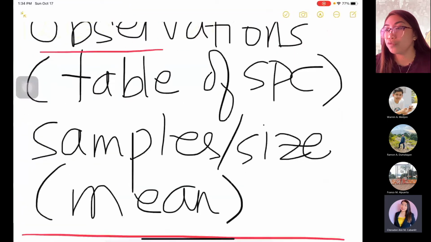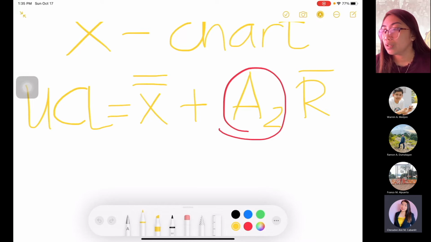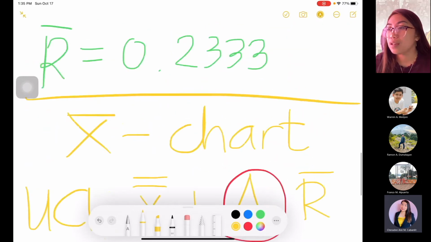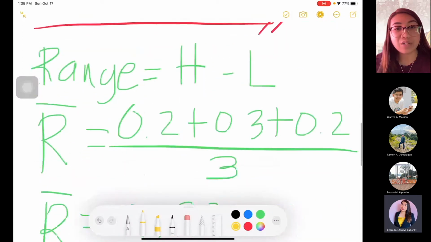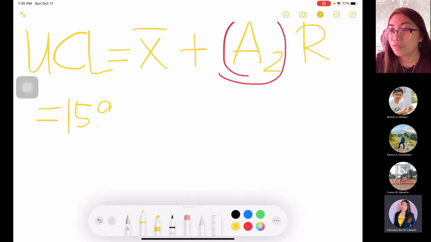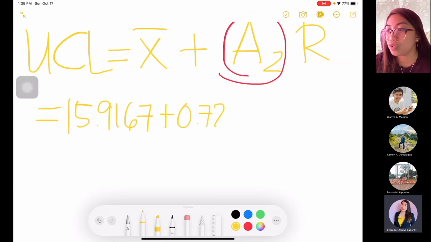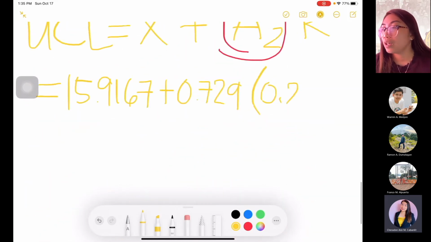So therefore, this is double bar X. How much is the value of double bar X? That's 15.9167. Okay. 15.9167 plus 0.729, which is from the table, times your bar R, which is 0.233.